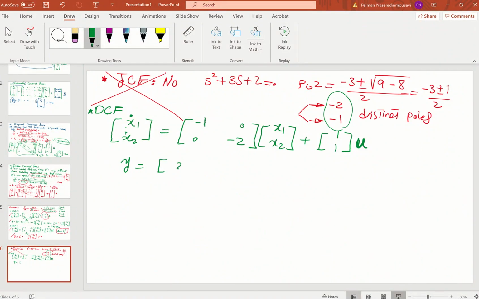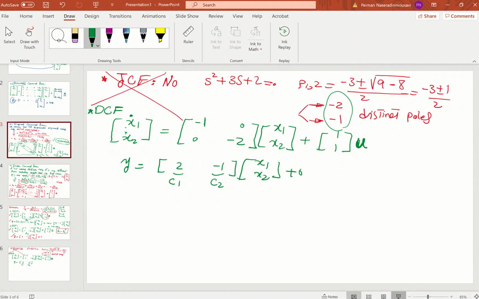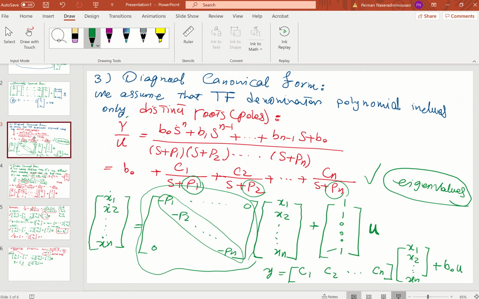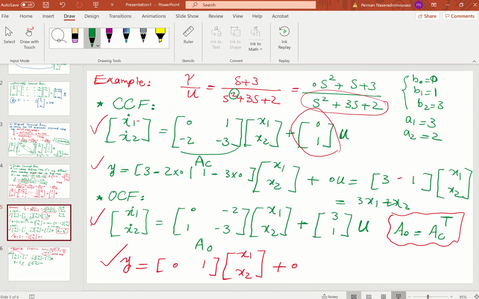The y is going to be 2, minus 1, meaning c1 is 2 and c2 is minus 1, in x1 and x2, plus 0, because b naught is 0. We calculate, see, b naught is 0.